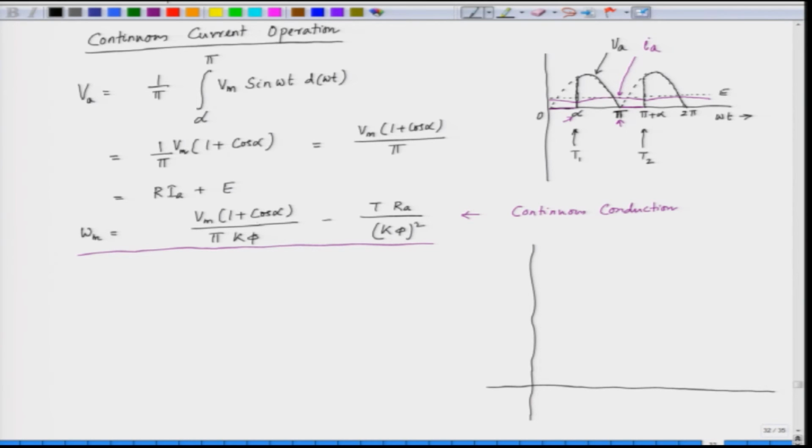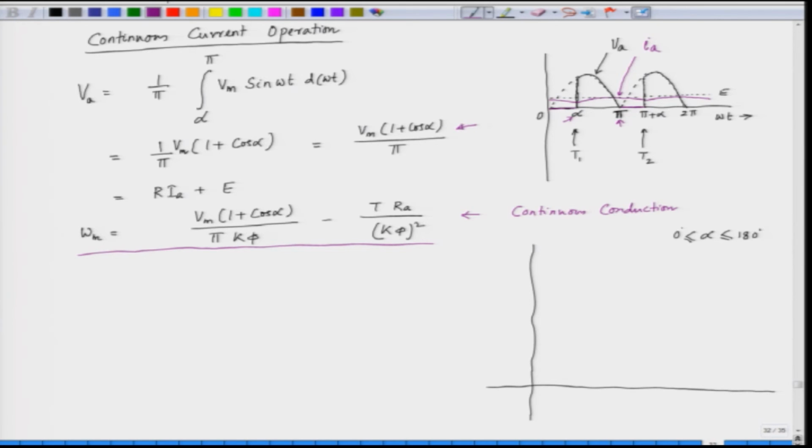Now, one thing we can observe, what is the range of alpha here? The range of alpha is actually from 0 to 180 degree, and for the full range of alpha the voltage for continuous conduction is always positive.